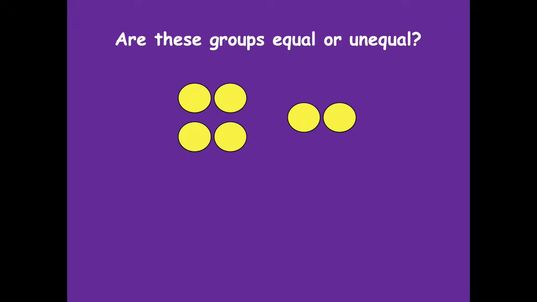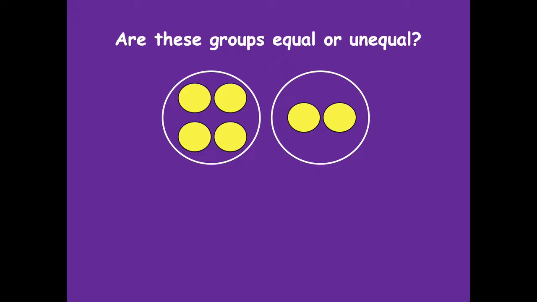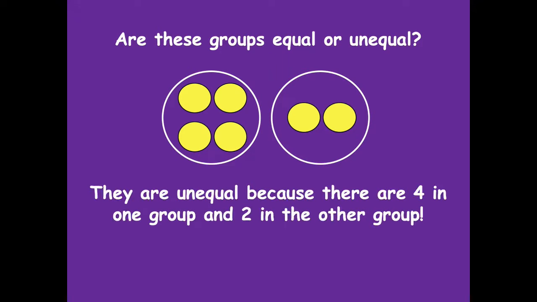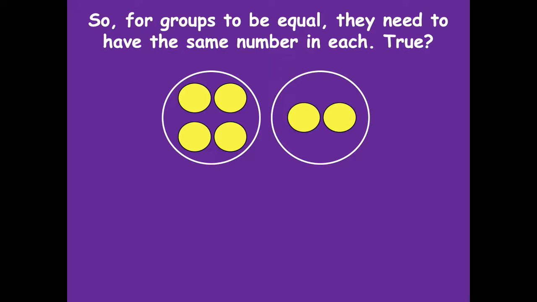Are these groups equal or unequal? Here's my two groups. No, they're unequal because there's 4 in one group and 2 in the other group. So for groups to be equal, they need to have the same number in each. True? Yeah, it's true.